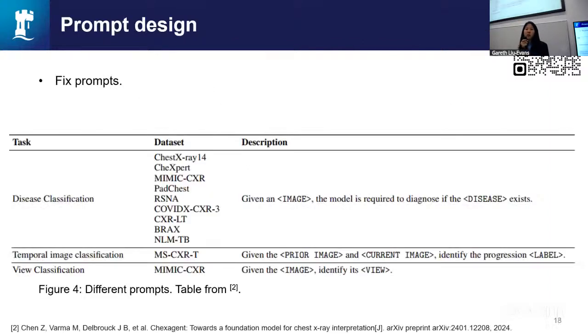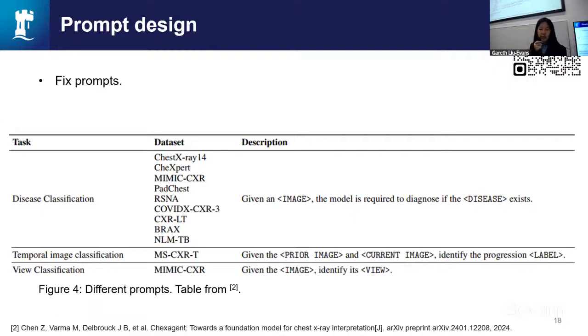Next is the prompt design. Now in the report generation field, the prompt design is quite fixed. For different kinds of medical tasks, they give fixed descriptions to let the models get the prompt.